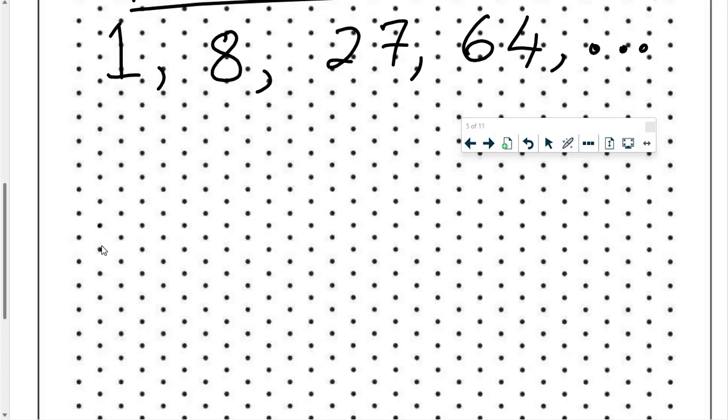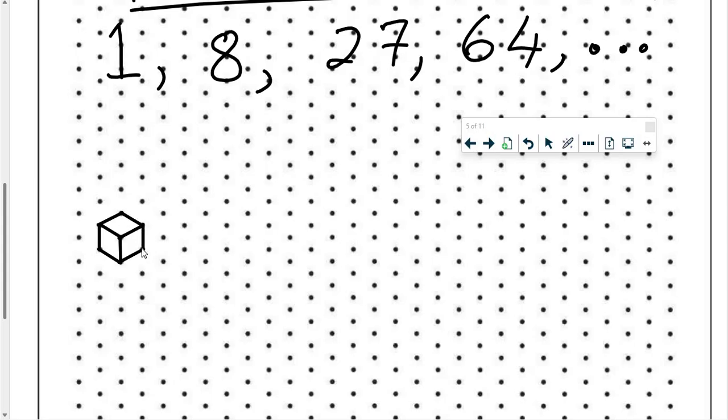So 1 vertical, 1 diagonal, 1 diagonal, 1 vertical. And then you close like this.